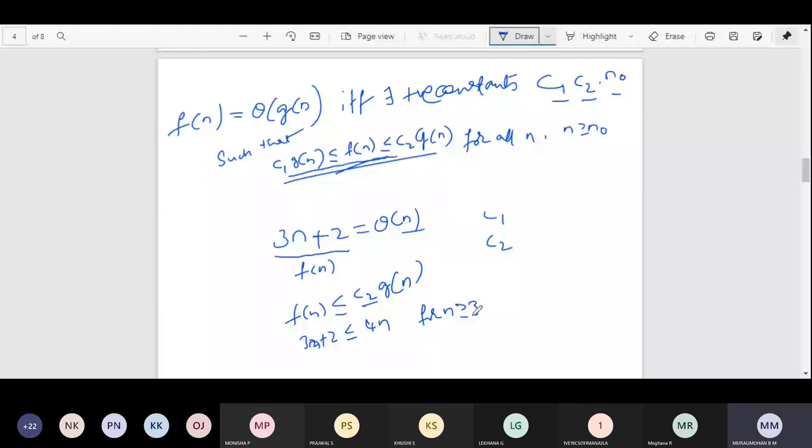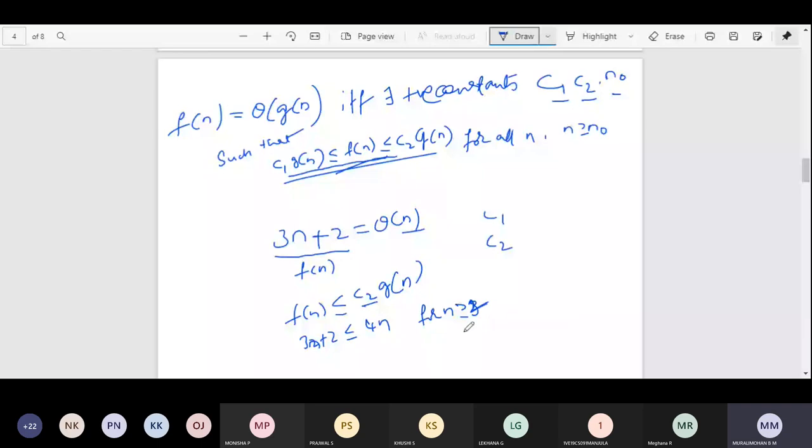Yes or no? Yes, sir. Does it not work for 2? No, sir. It works, no? So it will work for 2, right?